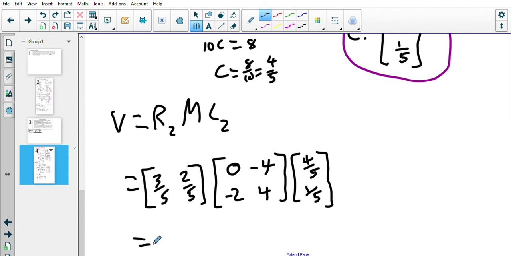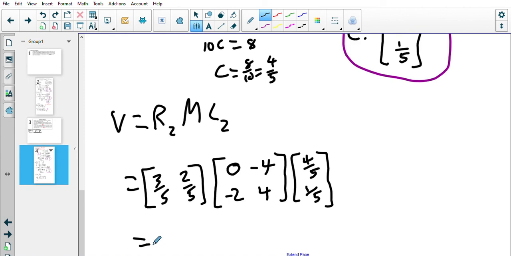So just do that in our calculator. Put in for matrix A, our 1 by 2 row matrix, 3/5, 2/5. For matrix B, I'll put in our 2 by 2 reduced matrix M, 0, negative 4, negative 2, 4.